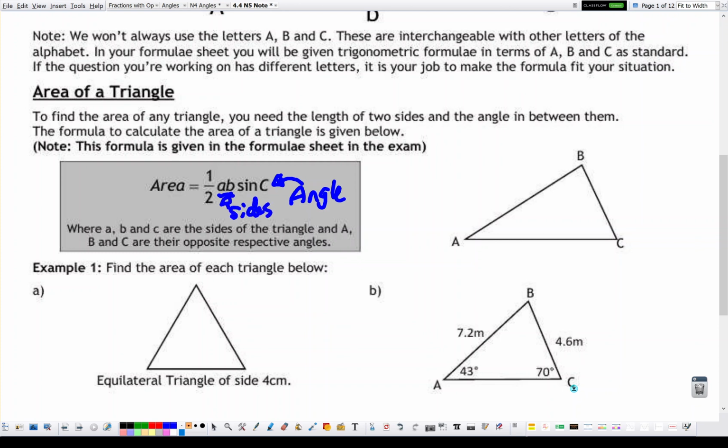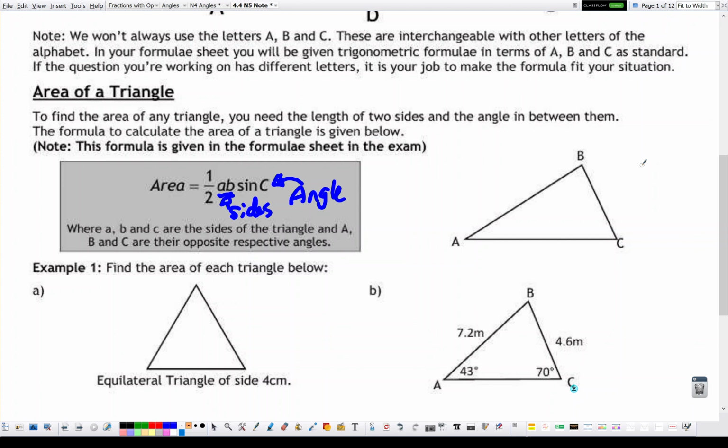Where A, B and C are the sides, small letters are the sides, and capital A, capital B, capital C are the opposite angles. So the formula is half times side A times side B times the sine of angle C.